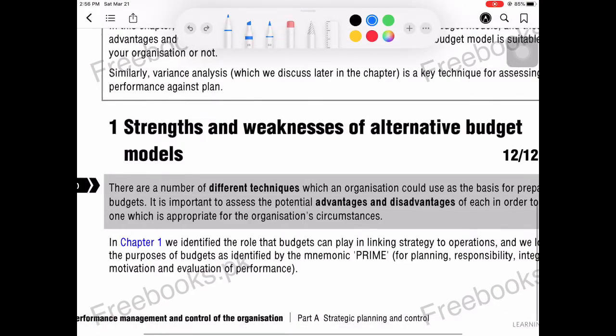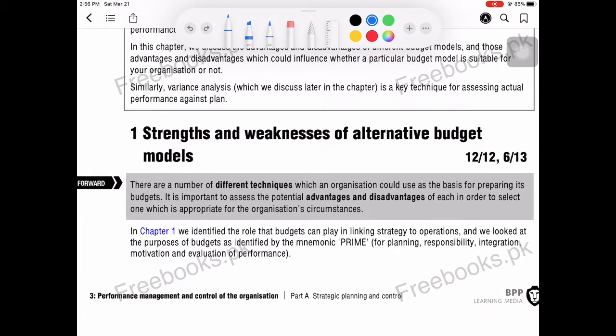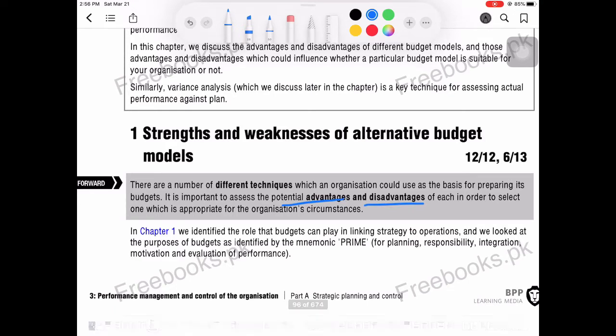There are a number of different techniques which an organization could use as the basis for preparing its budgets. It is important to assess the potential advantages and disadvantages of each in order to select the one which is appropriate for the organization's circumstances.